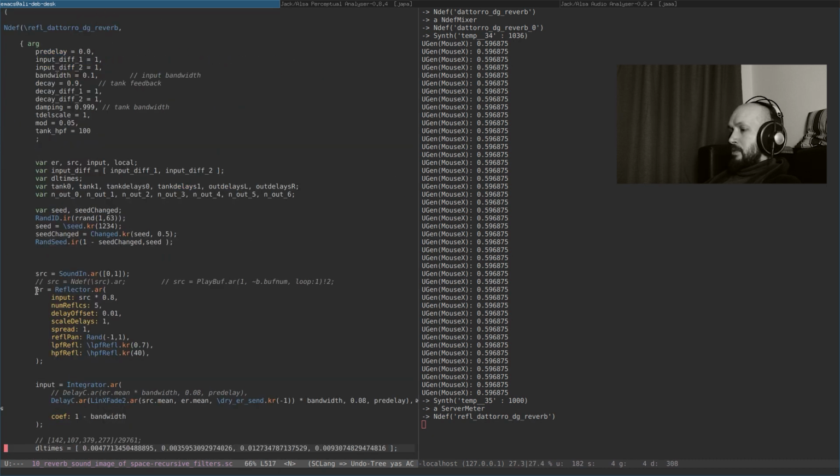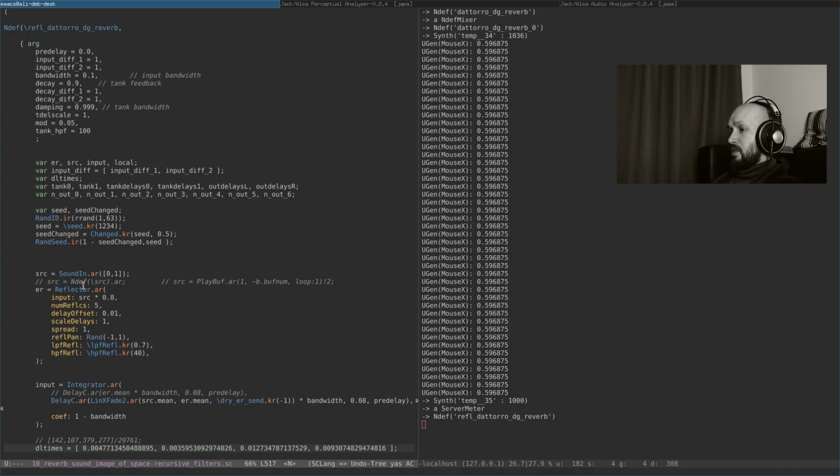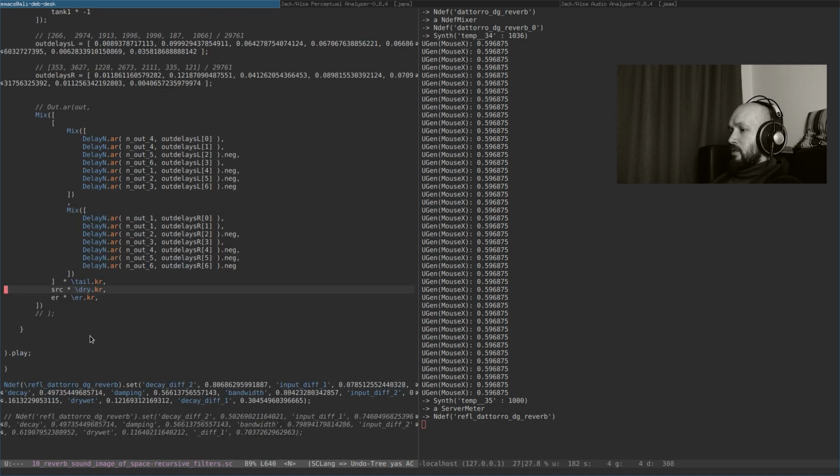As I told before, the diagram itself doesn't include a method to generate early reflections naturalistically. So I just take the reflector from the previous videos. I control it here totally by the seed number. All the parameters except for low pass and high pass are randomized, and I control how much I want of early reflections, the direct sound and tail.